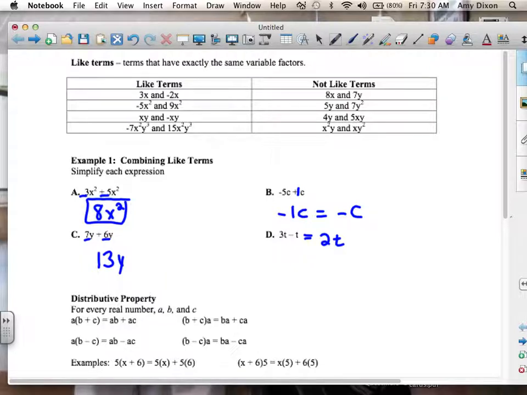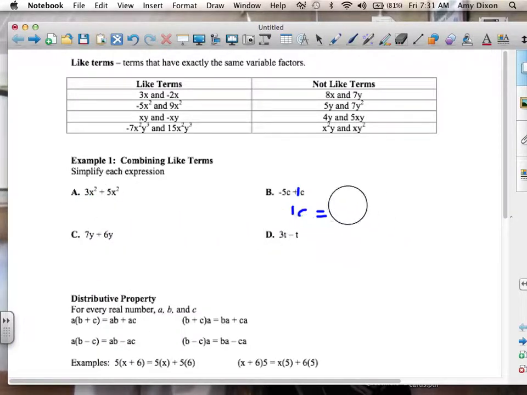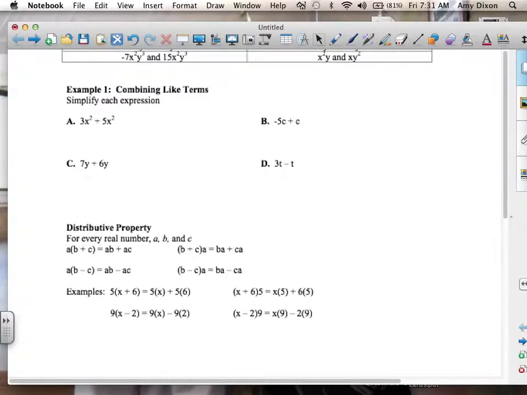And that is how you combine like terms. You just have to make sure that they are, in fact, alike. And the next thing we're going to look at is the distributive property.